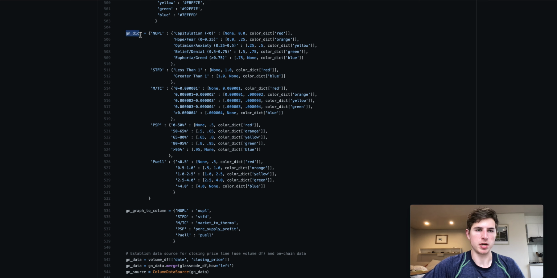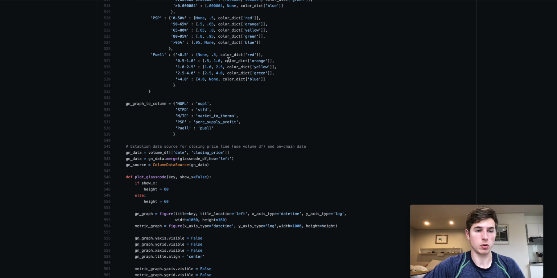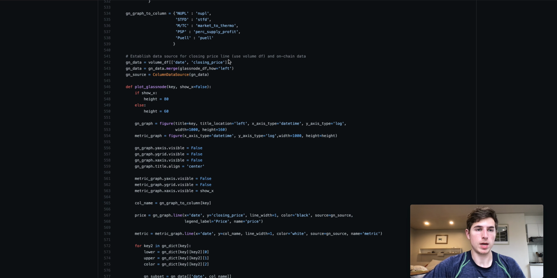The Glassnode dictionary here, these are all of the different metrics: net unrealized profit loss, stock to flow deflection, etc. These are the legends. So we'll be referring to this throughout the code here. And then this is showing the graph name to kind of like the actual column name within our database.